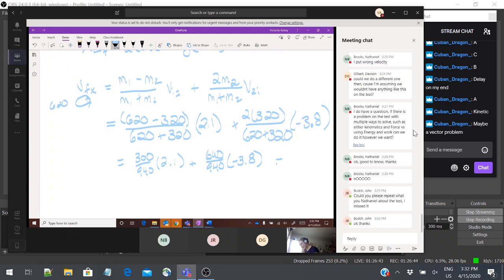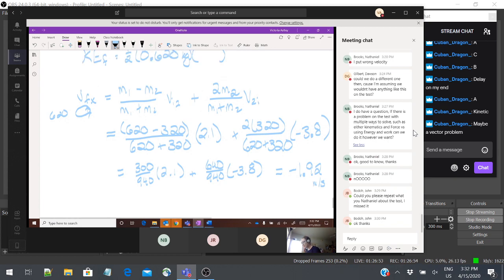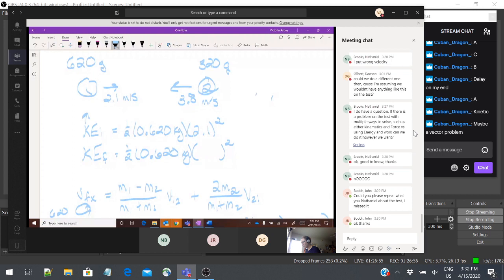I get negative 1.92 meters per second. So the negative means it's going in the negative direction. So we find that this one bounces off. So it bounces back at 1.9 meters per second. But the negative actually doesn't matter because we just want to do this and then we subtract.